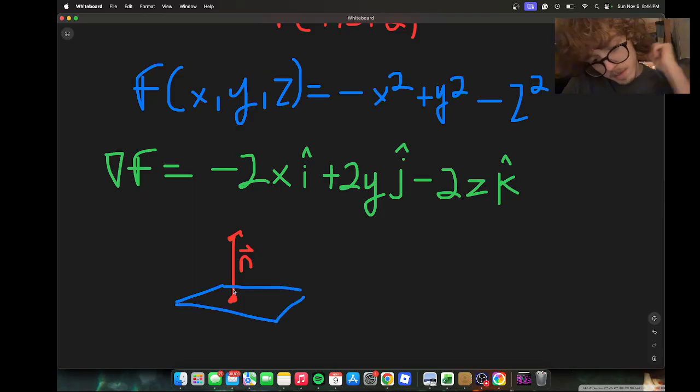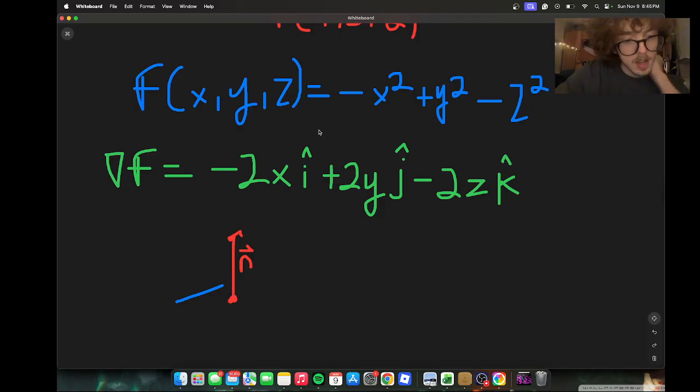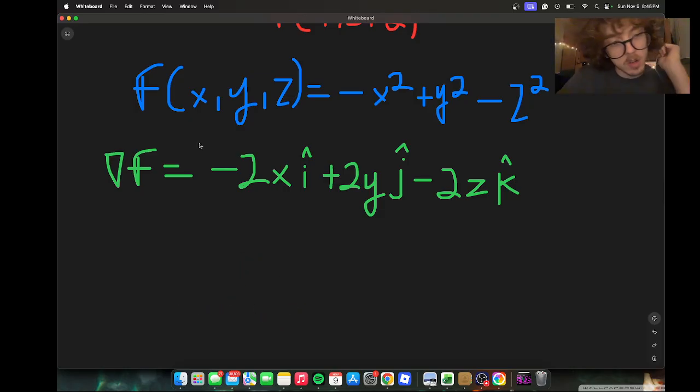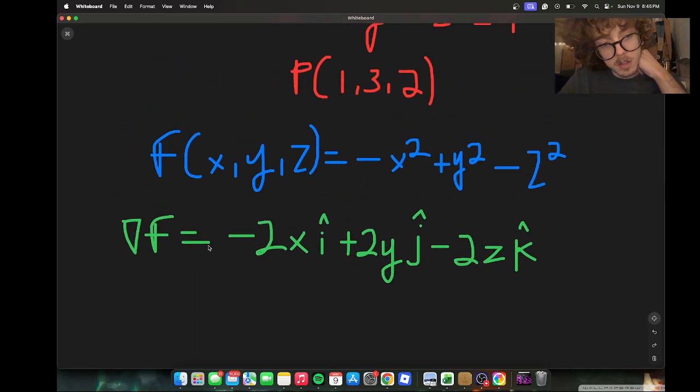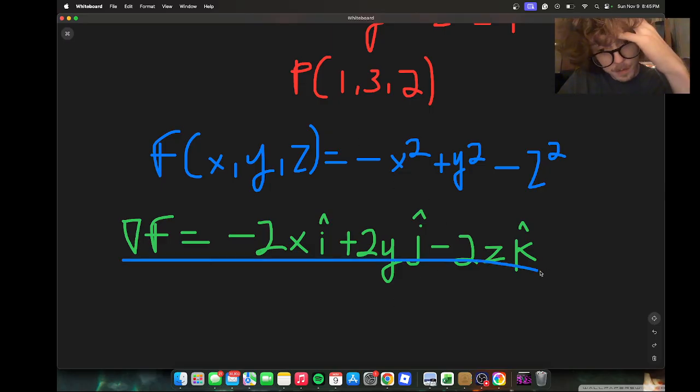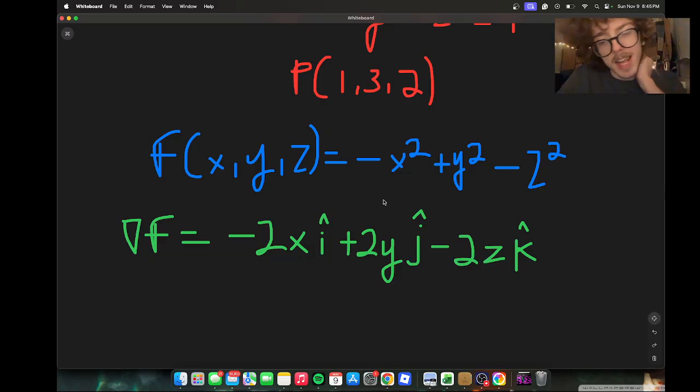Sorry, my drawing's kind of bad, but just imagine that's a flat plane. So we just need a point here on that plane and then the normal to it. We know that the gradient on that level curve is specifically that normal vector, and we also have a point. So let's evaluate the gradient at this point to find the normal at that specific point, because this function just tells you at any point.